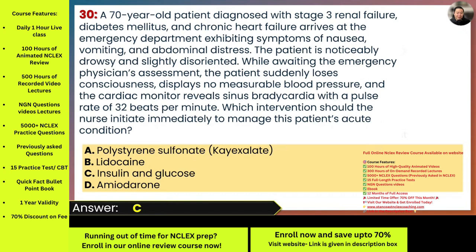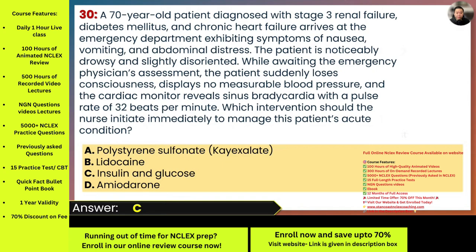We need rapid treatment. And the effect of the Thiazide is not instantaneous, okay? It works slowly in the GI tract. It will exchange the sodium for the potassium in the intestines to allow the excess potassium to be excreted. Again, the clue for Thiazide is that it has a slow onset of action.